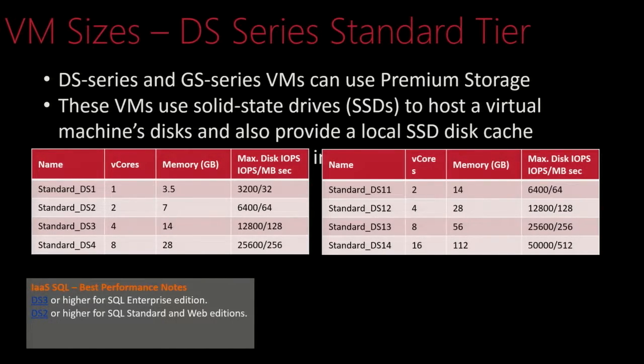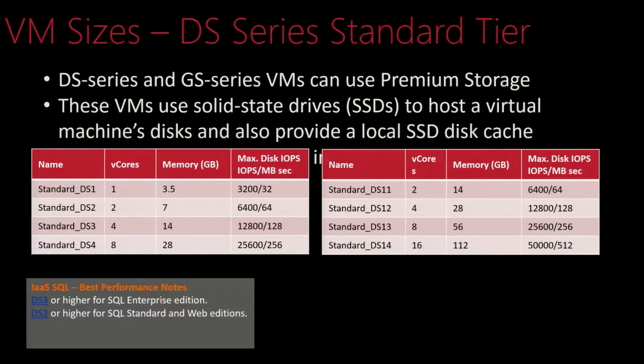So D series cannot, but a DS series, you can attach premium storage to it. So if you need that level of performance, where you've got an increase in IOPS, then go with the S series and the SSDs, right? Because then you're not restricted to regular spinning disks.